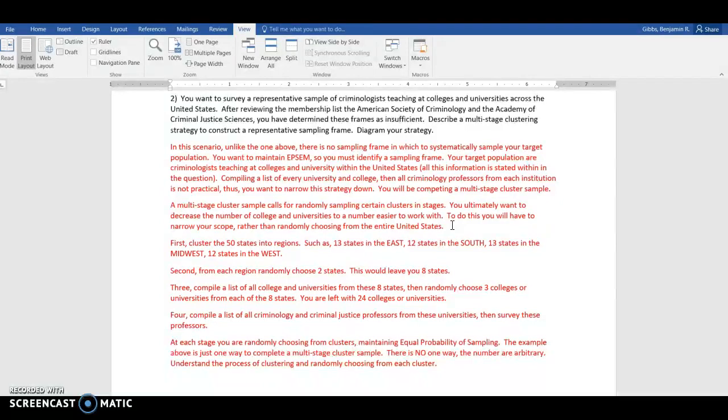This method does still satisfy equal probability, because at each stage you are randomly drawing, not to mention the fact that at the beginning of your sampling process, every criminologist had an opportunity to be randomly selected for the particular sample.